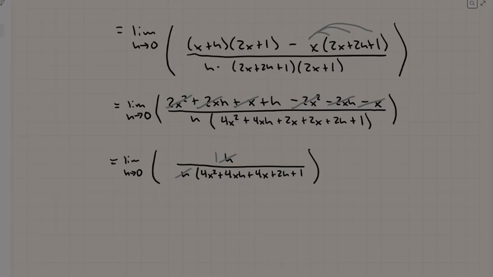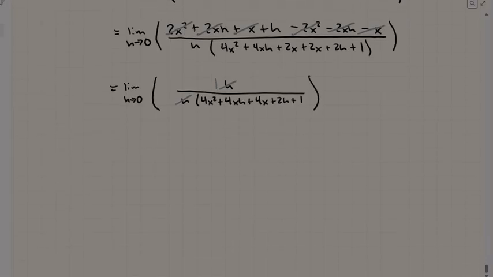Well, now that we got that h out of the denominator, we're going to be good to go for evaluating this limit. And so it's going to be 1 over, and then we're just going to evaluate everything as if h equals 0. So 4x squared, if it has an h, it goes away. So plus 4x plus 1.